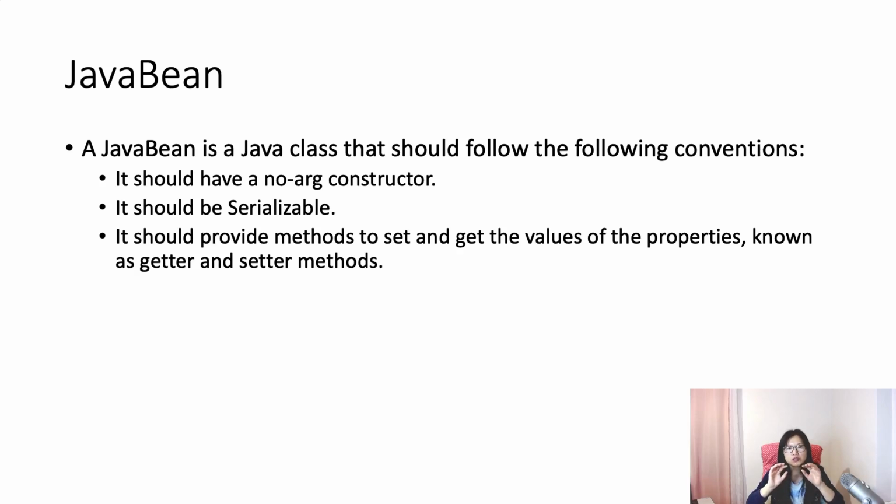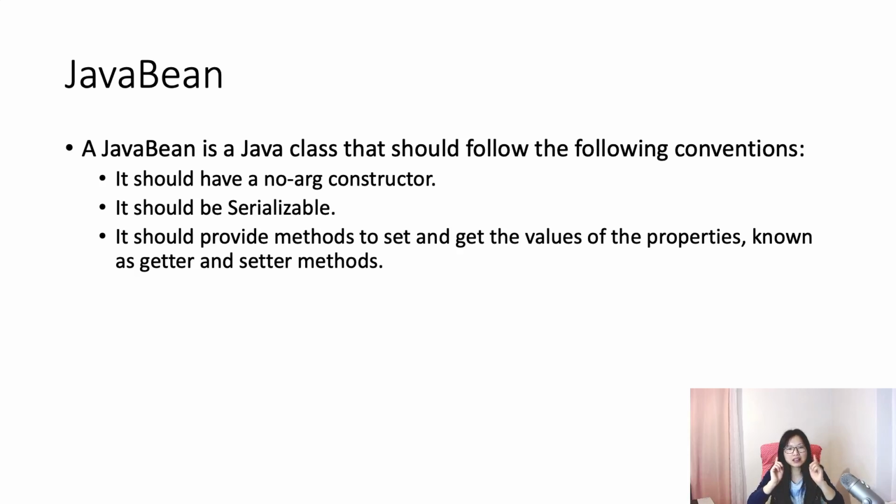When we create a Java object, the object is in the memory, right? If you implement Serializable, then the object in the memory can be turned into kind of like a string, then you can save it into a file, and also that string can be transferred over the network like this.